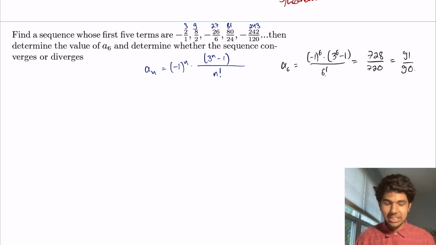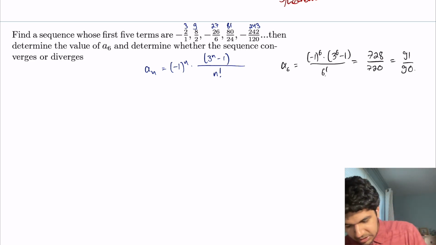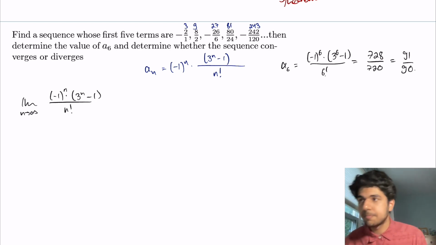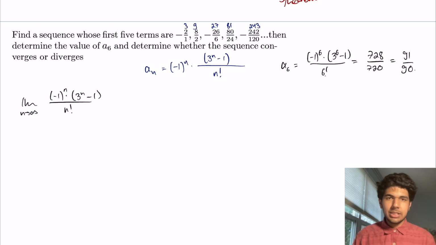Now we have to see if the sequence converges. So we'll take the limit as n approaches infinity of negative 1 to the n times 3 to the n minus 1 all over n factorial. So we've dealt with this negative 1 to the n in the past, where the sign changes and sometimes it converges, sometimes it diverges. When would it converge?